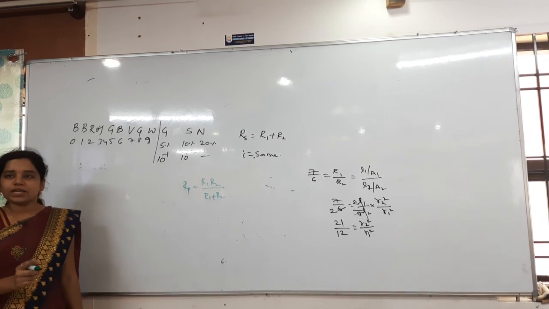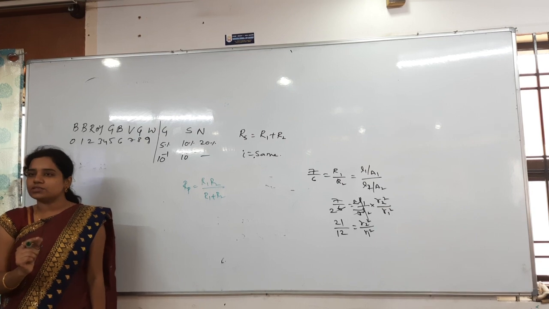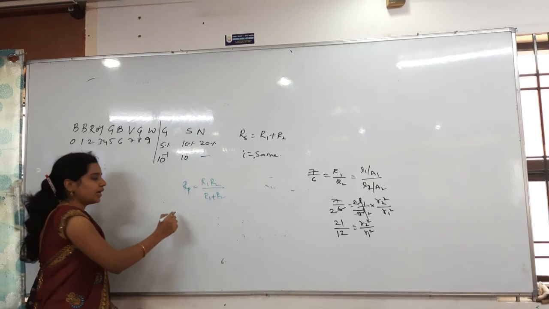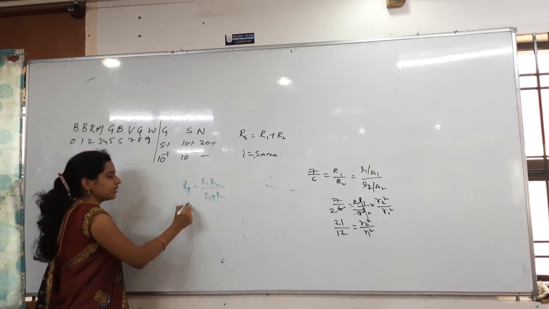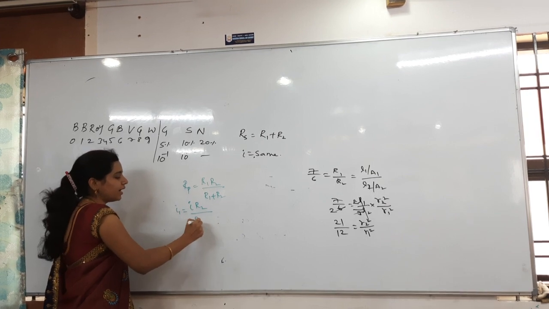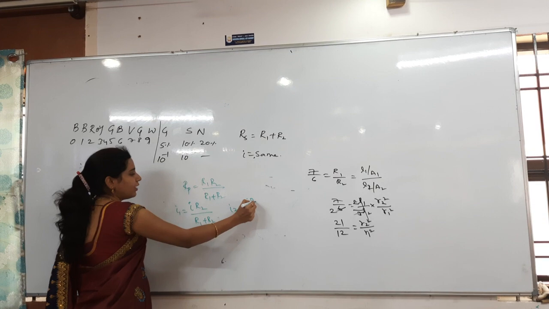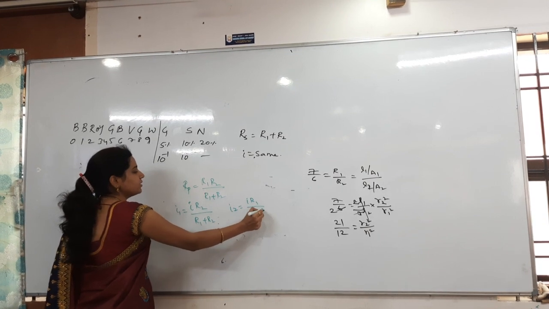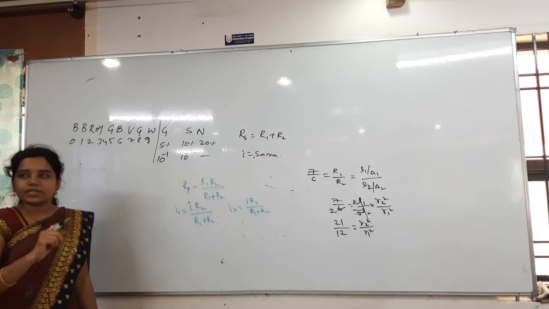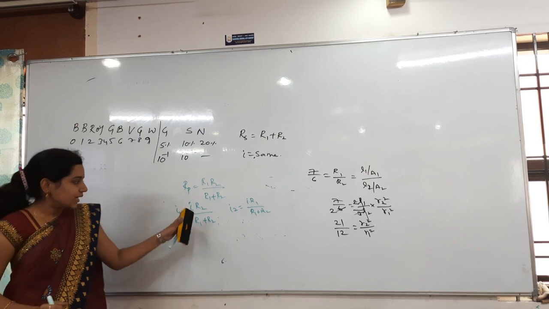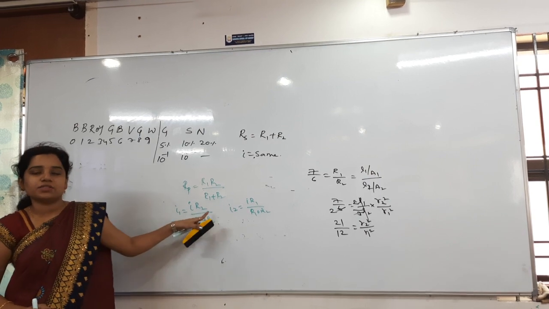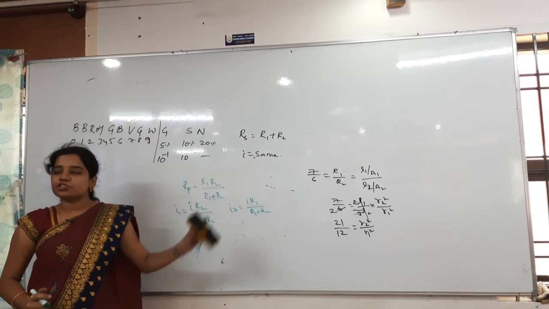How to distribute the current then? I1 equals what can I write? I R2 by R1 plus R2, and I2 equals I R1 by R1 plus R2. For the voltages the same numbers will be there. For the current, different numbers will come. Here 1 means here 2 will come.